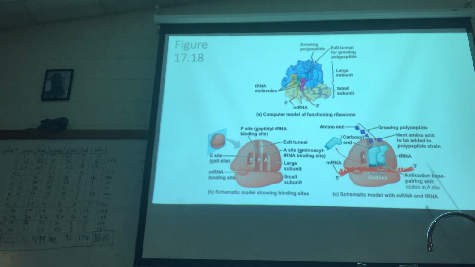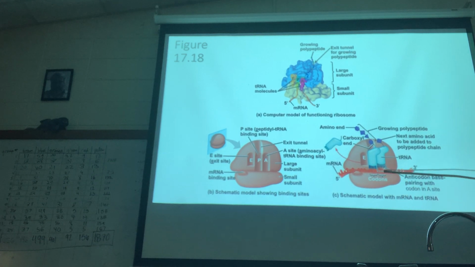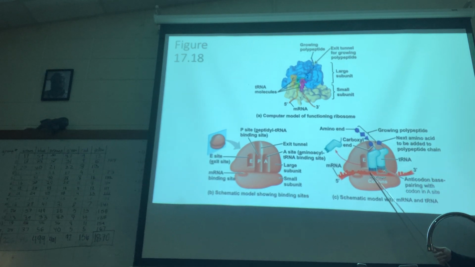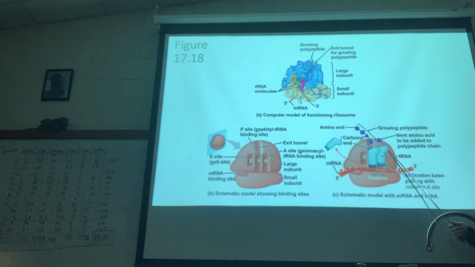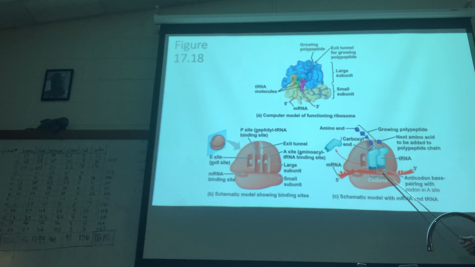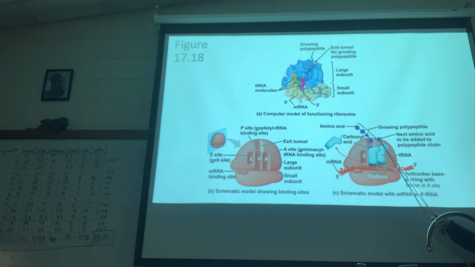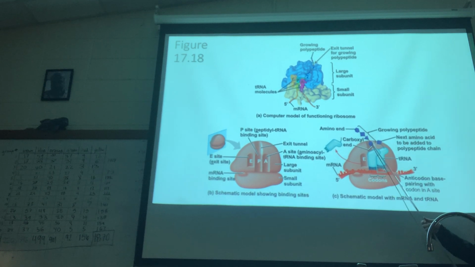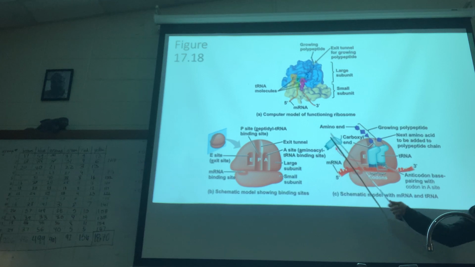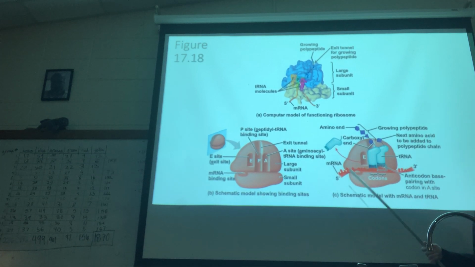So again, and a lot of what I'm doing is repeating here, the message comes through the ribosome, and one codon at a time, a tRNA will show up, recognize a codon, and then drop off the amino acid it's carrying, and then eventually it will release and a new tRNA will come in.